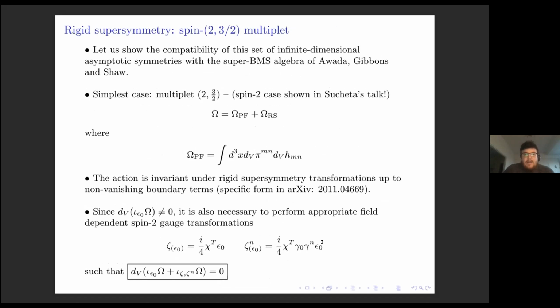And by performing this spin 2 gauge transformation, we can render the symplectic form invariant, and rigid supersymmetry becomes a canonical transformation.